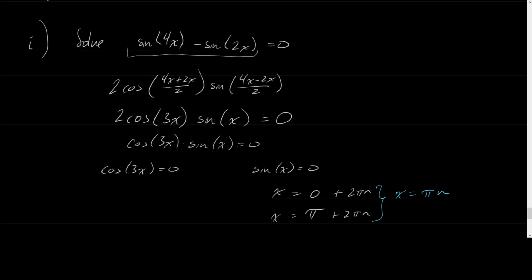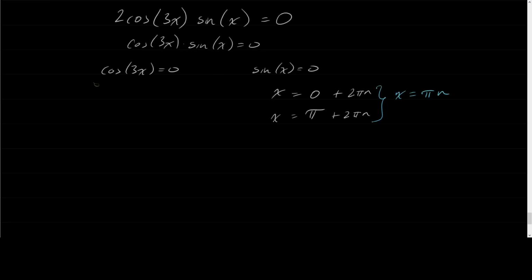Now over here, for cosine of 3x. I'm going to look at this as the question really saying, where is cosine of theta equal to 0? Well, that theta is going to be at pi over 2, but also at 3 pi over 2, right?